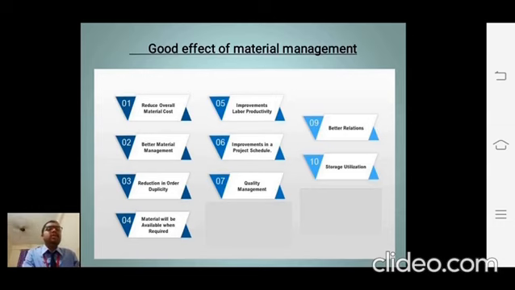Good material management gives good relations between customers and developers. And storage utilization. Storage utilization means whatever container you are going to use to store that material must have enough space. It comes under planning. You have to plan that. So good material management gives good storage utilization.